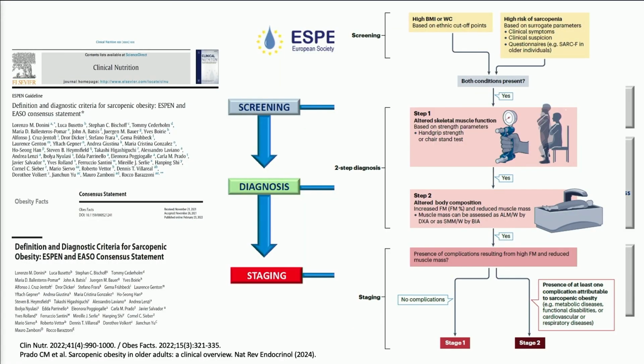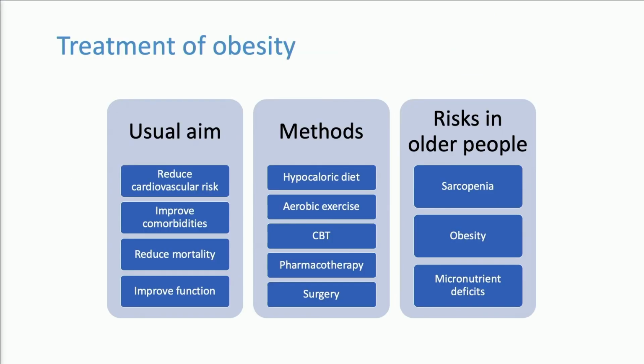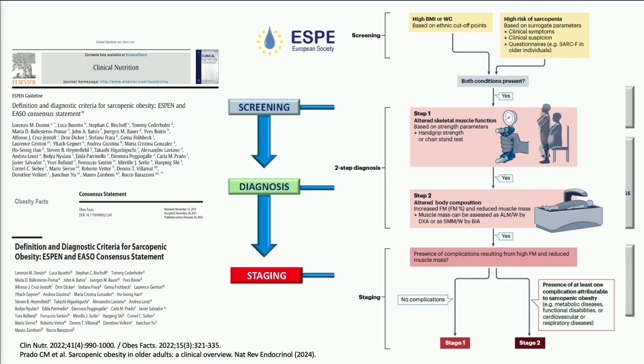This is the idea. You start by screening, and the screening starts with finding there's something related to obesity, for example, a high body mass index with these caveats. And then you define sarcopenic obesity by two elements. One element is having low muscle strength, which is the current definition of sarcopenia.